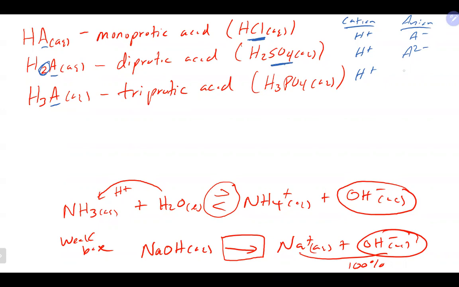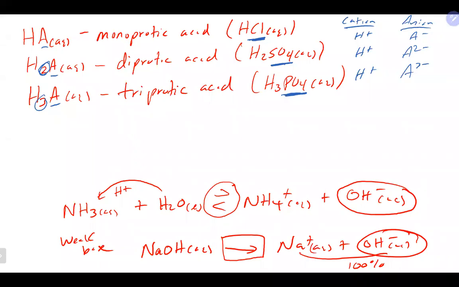And for a triprotic, because there's three hydrogens, the A actually has a -3 charge, like phosphate does in this particular case. So sometimes in acid-base reactions in chemistry, they'll just use these generic formulas to represent an acid. You can relate it to any real acid if you want, but sometimes that's commonly used.